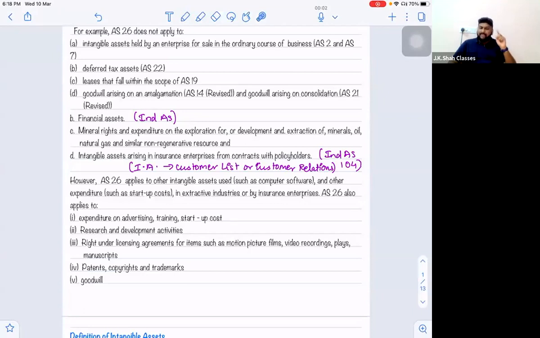So for these OTT platforms, it becomes an intangible asset, which they record in their balance sheet because they have taken the rights to show exclusively these movies on their platform or the web series, whatever it is. Then patents, goodwill, copyright, trademark. Now, whenever the word goodwill comes, it is always purchased goodwill, because self-generated goodwill is not to be shown in the balance sheet.